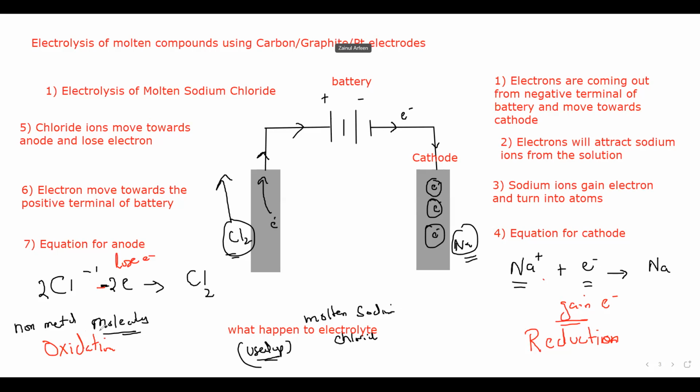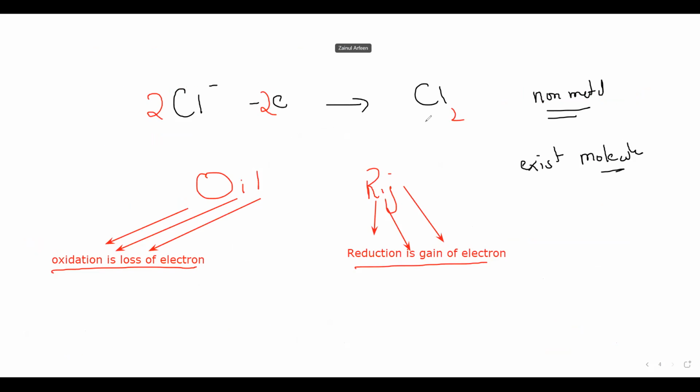So at the cathode there is reduction, at the anode there is oxidation. And how to remember this? You will always remember from this term, OIL RIG. O stands for oxidation, I stands for is, and L stands for loss. R stands for reduction, I for is, and G is for gain of electron.